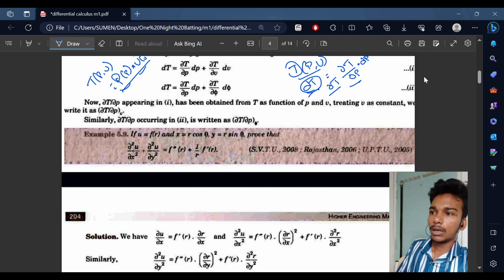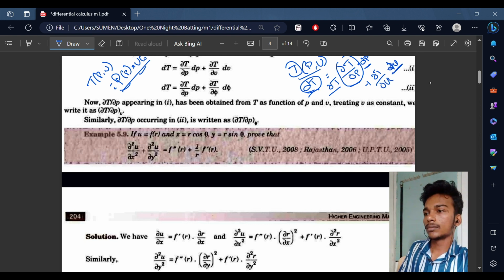So I differentiated t with respect to p first, taking the absolute differentiation of p, plus dou t by dou u into du. That is what we get. Same thing if you have a function t of p and phi: first partially differentiate with respect to p, then partially differentiate with respect to phi.